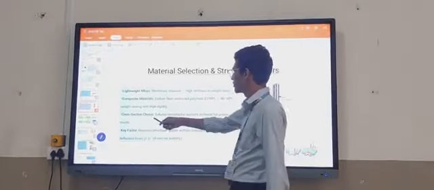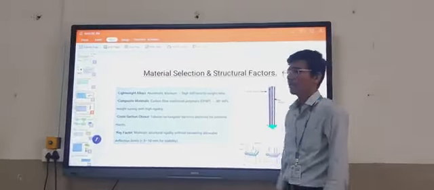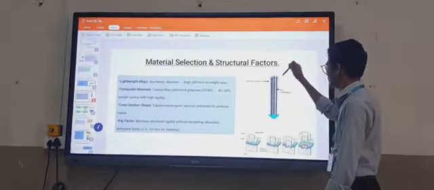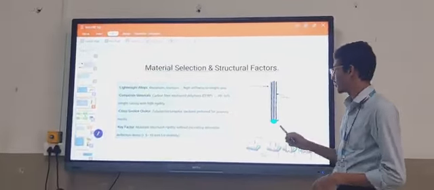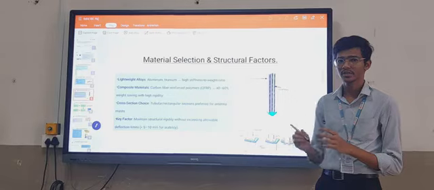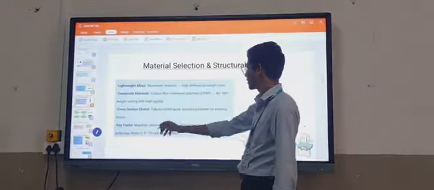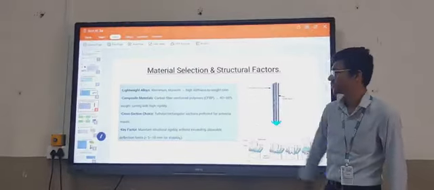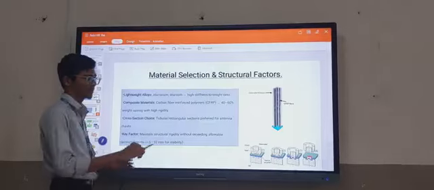Then cross-sections: tubular and rectangular sections perform well for antenna mounts, like this, rectangular or tube shape. Such shapes also reduce the deflection of the antenna. Key factors in maintaining structural level without exceeding limits: the deflection limit is 5 to 10 mm for stability.